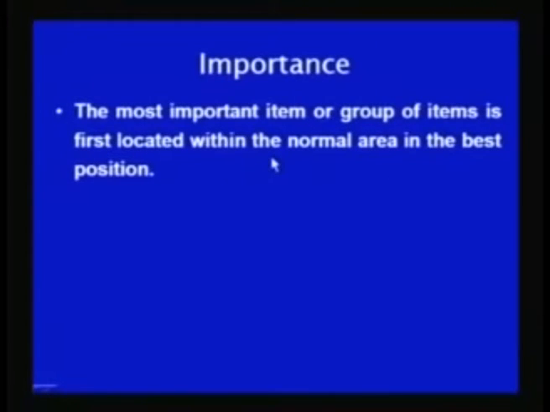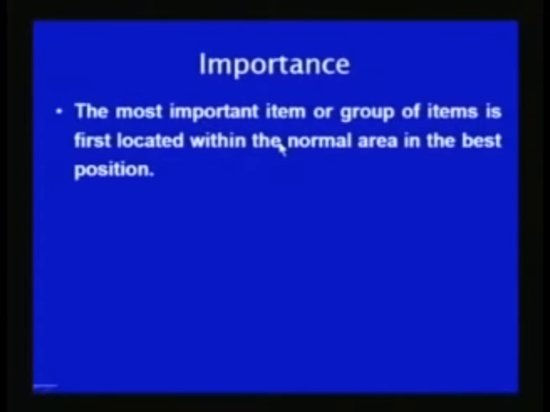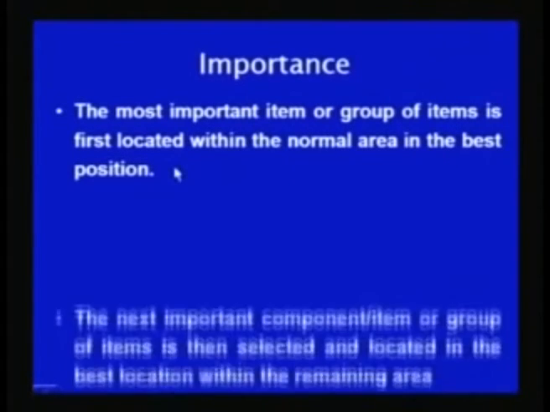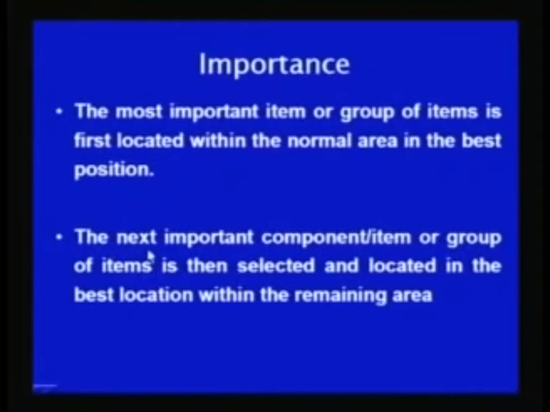The most importance is given to those which are very important for the smooth functioning of the process. So, the most important controls will be placed in the normal working area in the best possible positions first, and thereafter other items or group of items is selected and located within the other areas which are left.